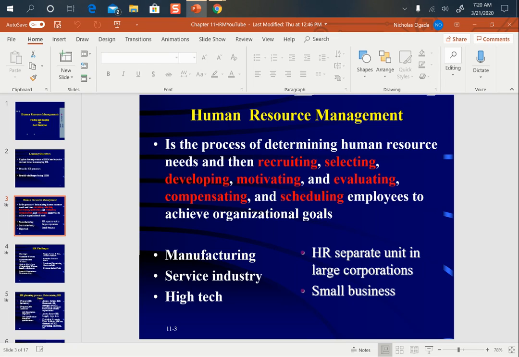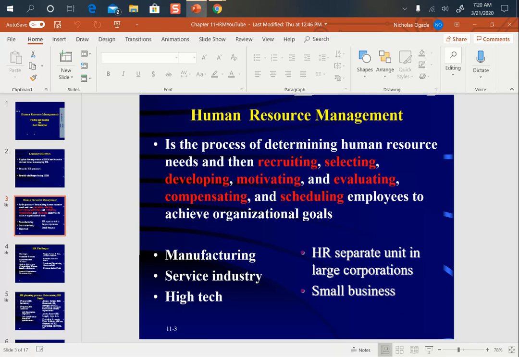So, if you are a manager of a department in a large organization, let's say a marketing manager, you'll still undertake some of these HR functions, but some of them will reside with a human resource management office.